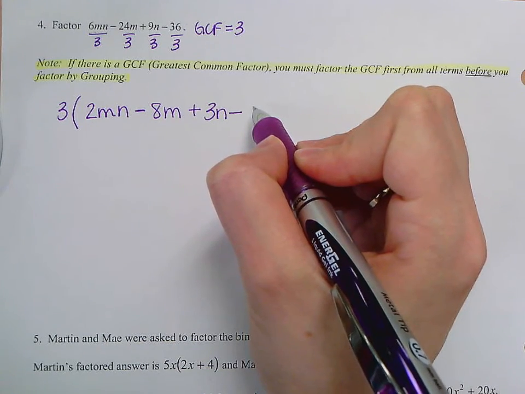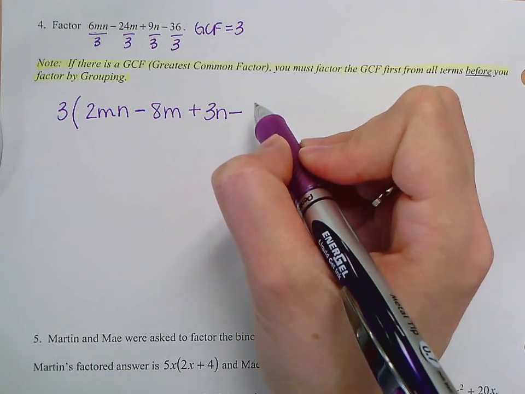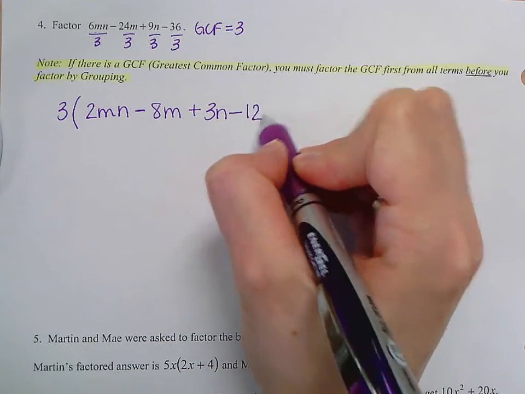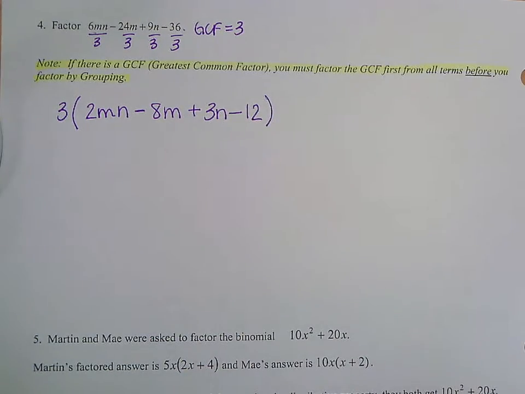Casey? Yep, it should be minus 12 there. Okay, so GCF we took out first.